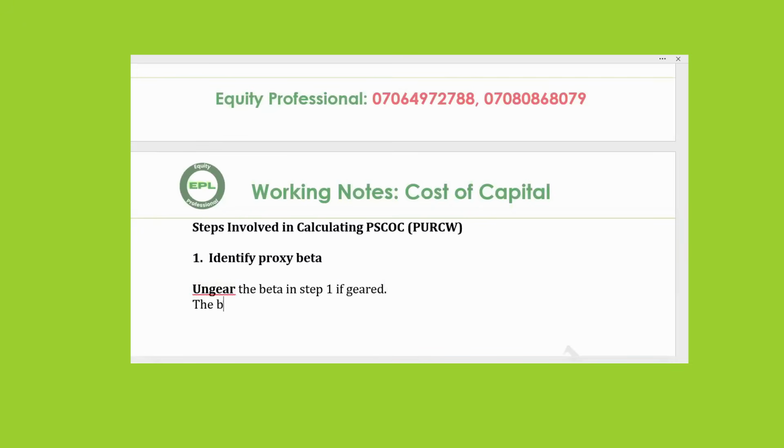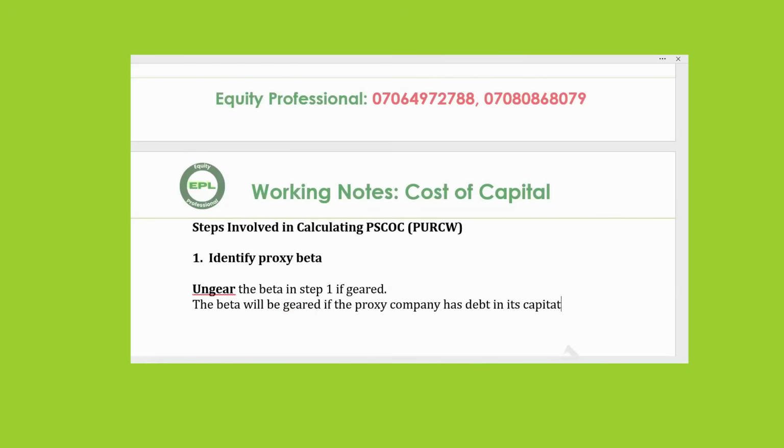The beta will be geared if the proxy company has debts in its capital structure.